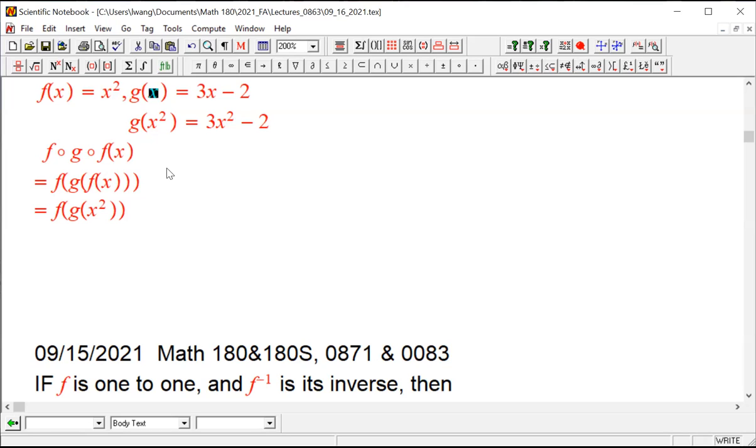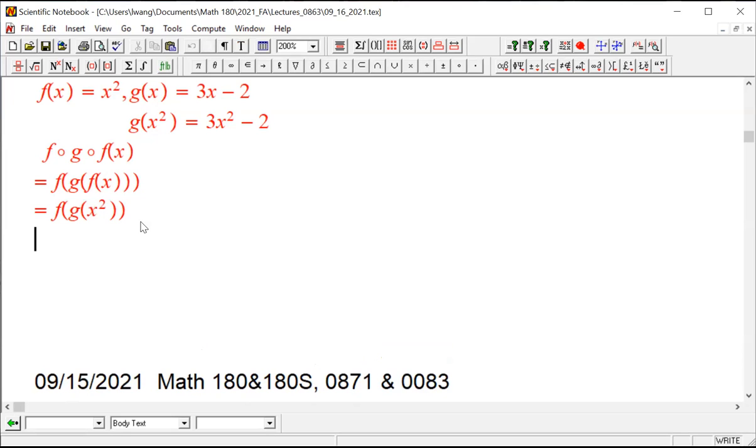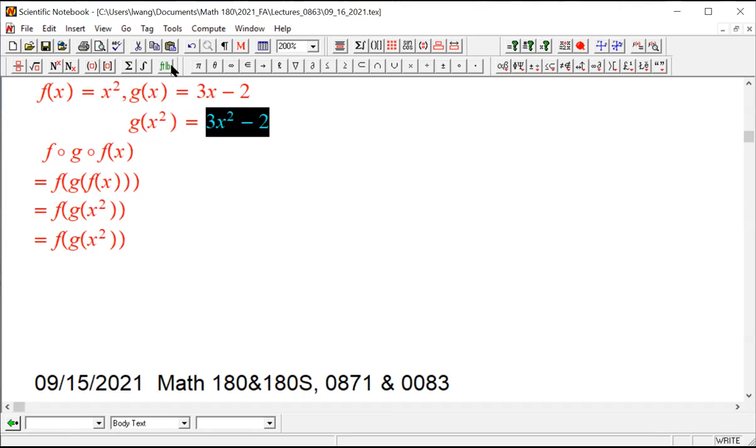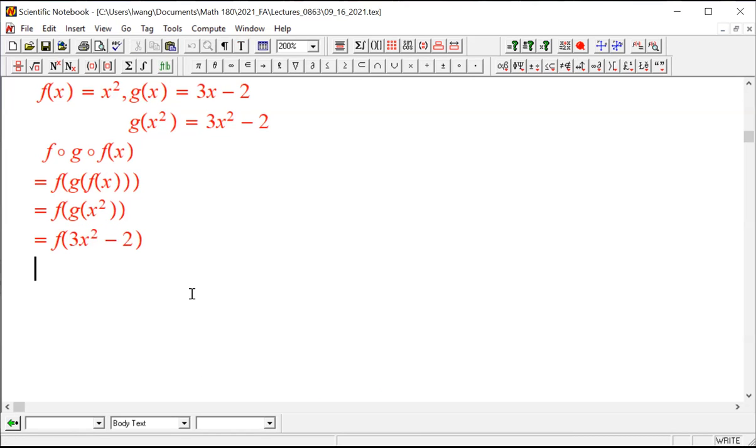I see. Okay, so g of x squared now is 3x squared minus 2. So this is going to replace g of x squared. And then we will be dealing with f of 3x squared minus 2.